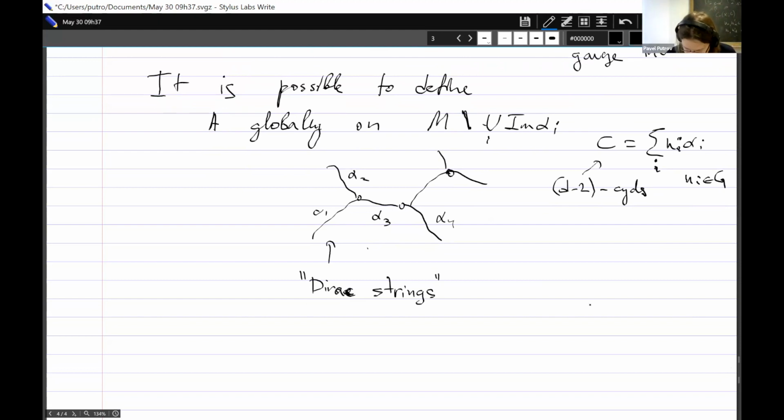Most classically this comes up when d equals 3, or 3 plus 1, where the extra time direction is transversal to everything. And we have what is called a Dirac monopole.